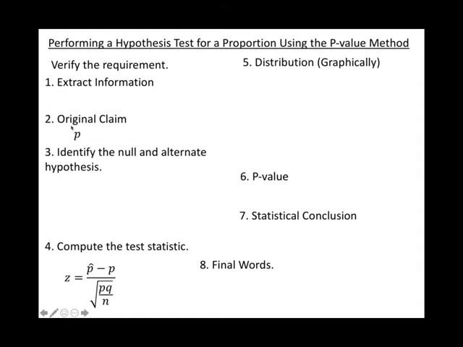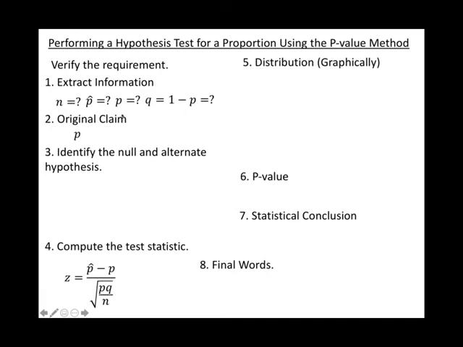One more time: after you know you're working on the population proportion, find the formula for the test statistic and write it down for number 4. Then, based on the formula, we need to find the sample size n, so write it down for number 1. Find the p hat sample proportion of success, the p population proportion, and find the q as well.